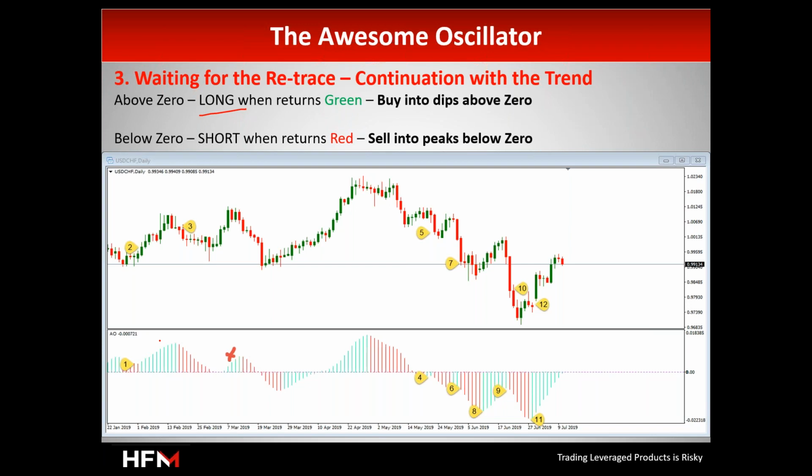So if you have seen that, any kind of a dip into the positive territory could act as a buying into dip. What I mean, so not this one, this is a false dip because it reached 0.